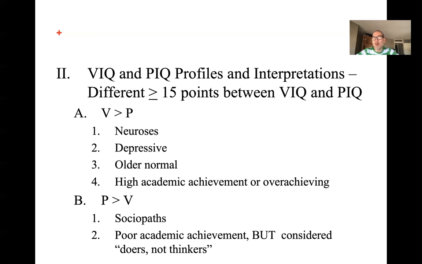It doesn't mean that just because you have stronger performance than verbal abilities, you're probably a sociopath. There have just been some studies which found that sociopaths tend to have higher performance versus verbal abilities, and it may be related to logical, moral reasoning.